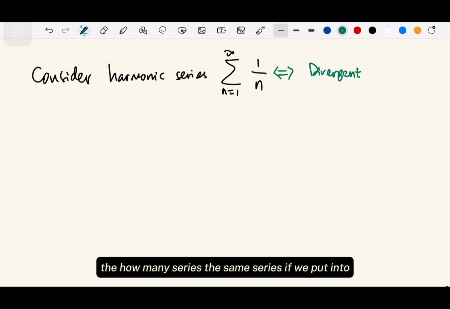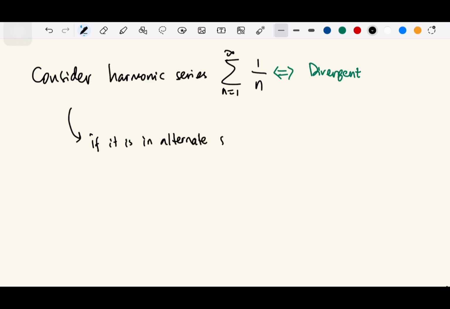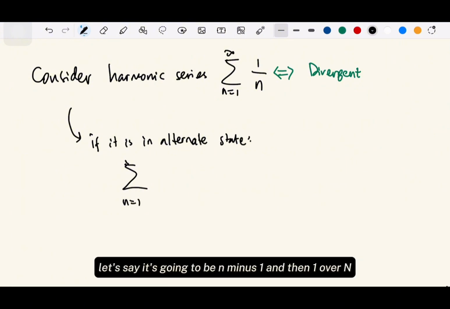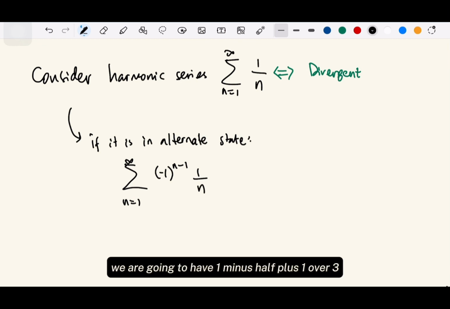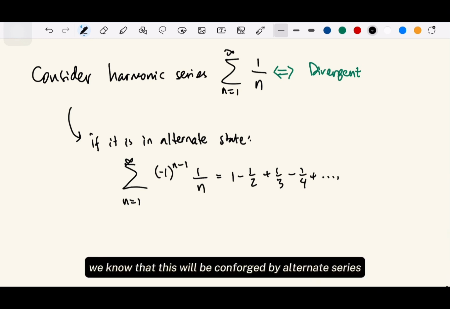The same series, if we put it into an alternating form, it's going to be (-1)^(n-1) times 1 over n. We are going to have 1 minus 1/2 plus 1/3 minus 1/4 plus dot dot dot. And I think already in the beginning of the alternating series, we know that this will converge by the alternating series test.